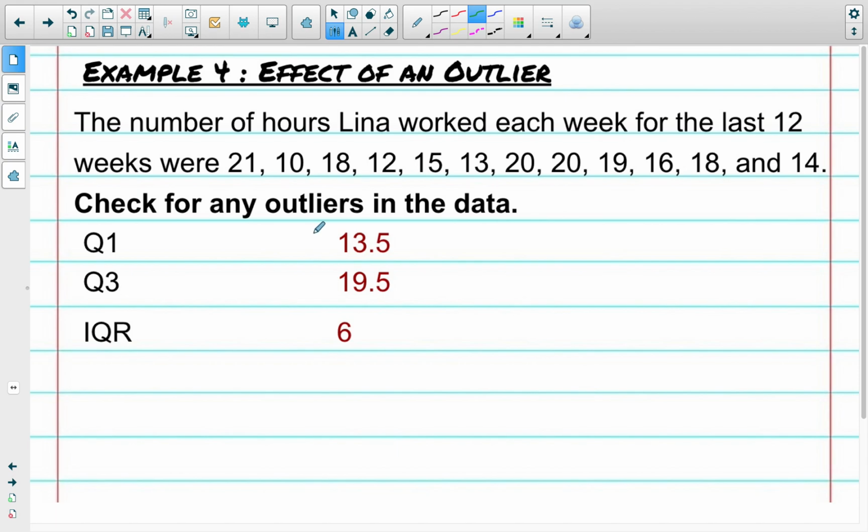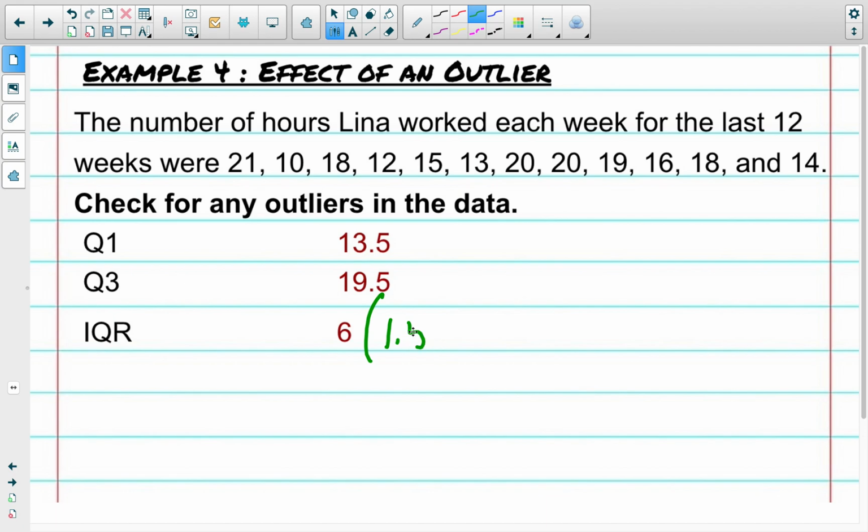This example says the number of hours Lena worked each week for the last 12 weeks were those numbers. Check for any outliers in the data. From the 5-number summary, we know that Q1 is 13.5 and Q3 is 19.5. By subtracting those two, we get the IQR to be 6.